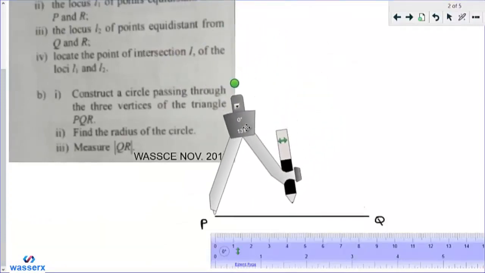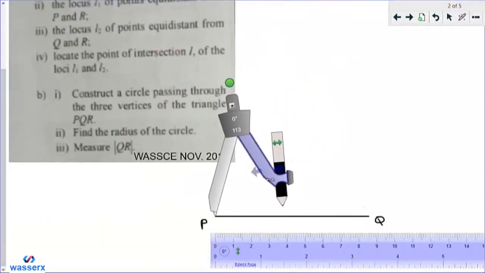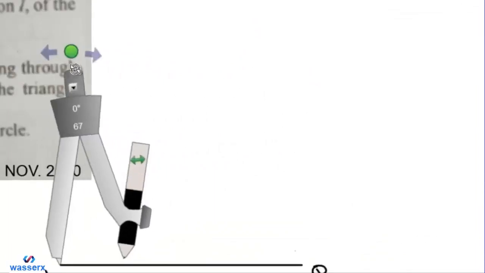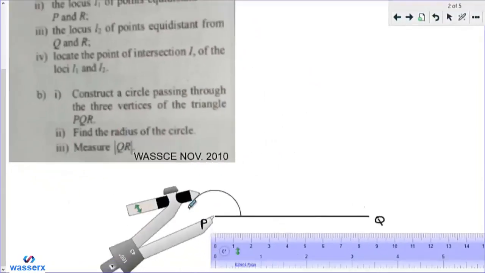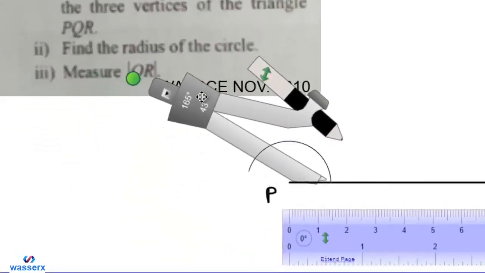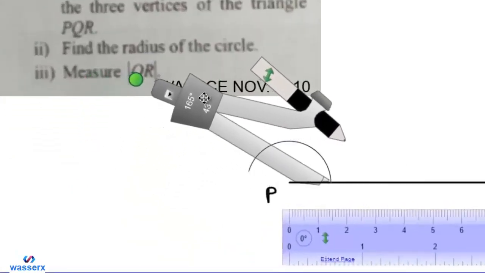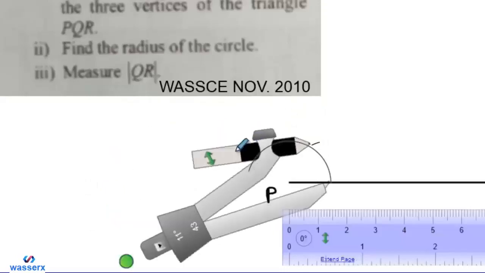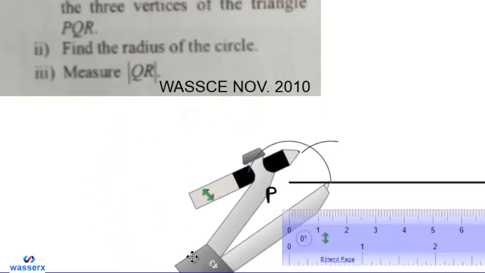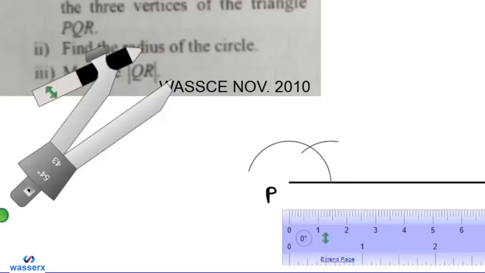So we stand at this point, then with a reasonable radius we draw an arc. Maintaining the same radius, we stand at this point, then we draw another arc to intersect the first one. So this will give us a 60 degrees angle.